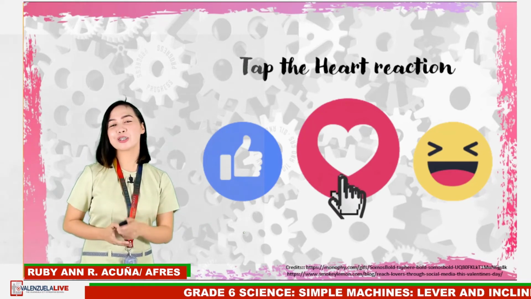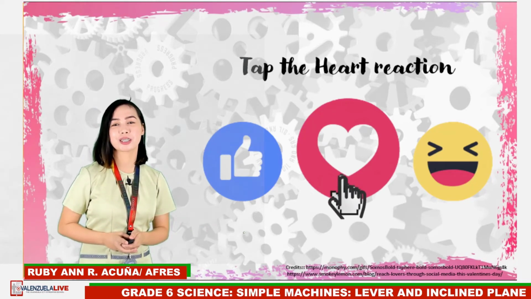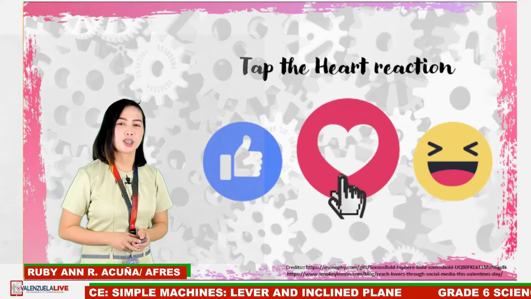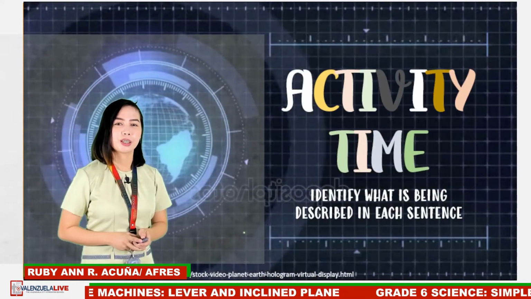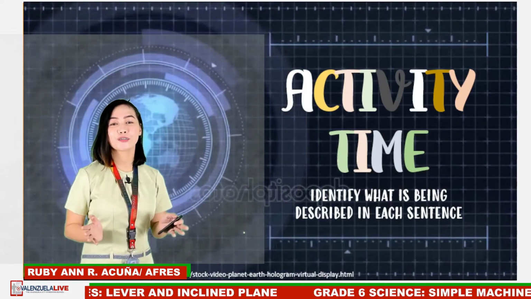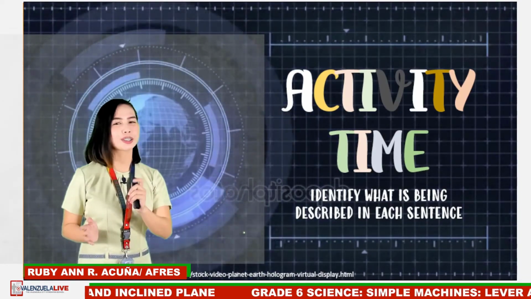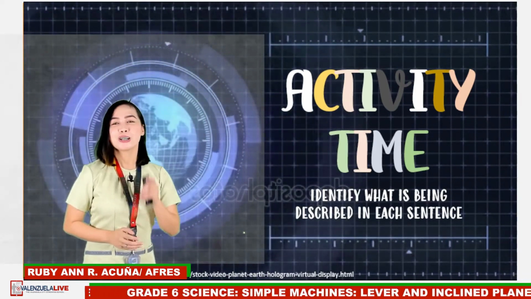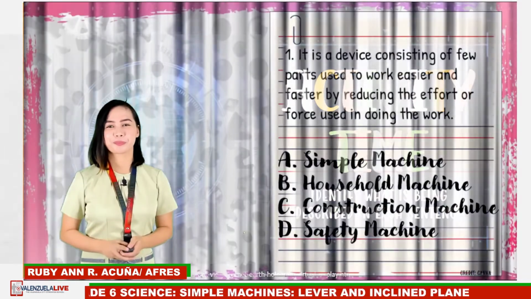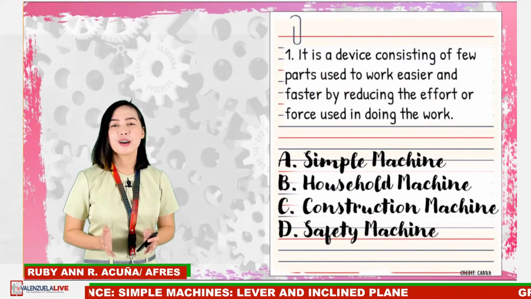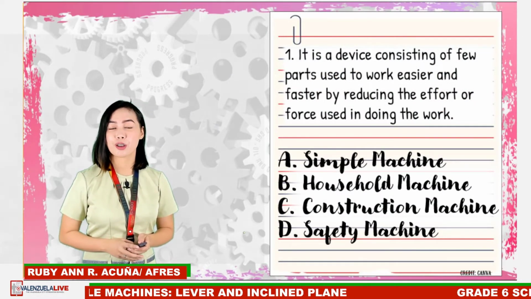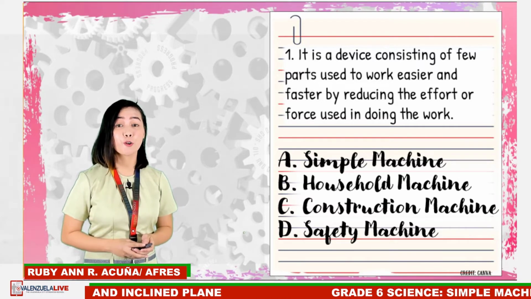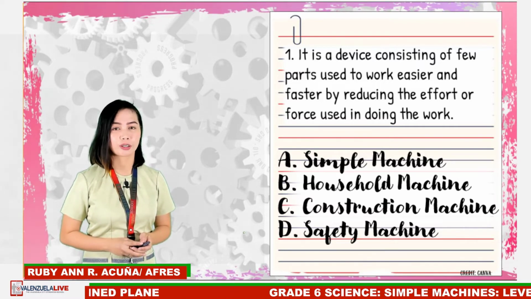To test your understanding about the simple machines, the lever, and the inclined plane, let's try this activity. You're going to choose the letter of the correct answer and just comment down your answer. Are you ready? Question number 1. It is a device consisting of few parts, used to work easier and faster by reducing the effort or force used in doing the work.